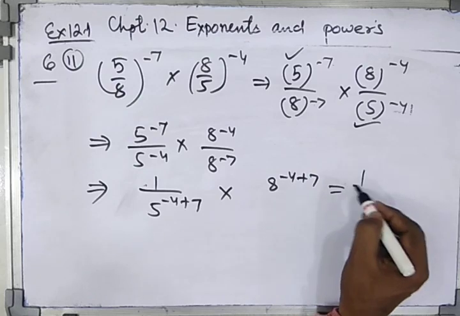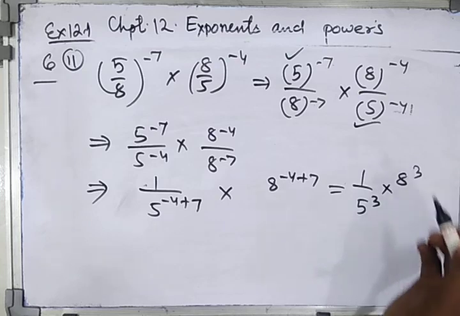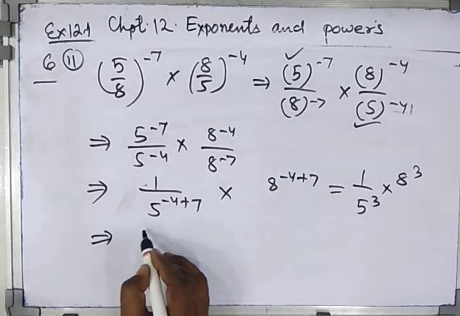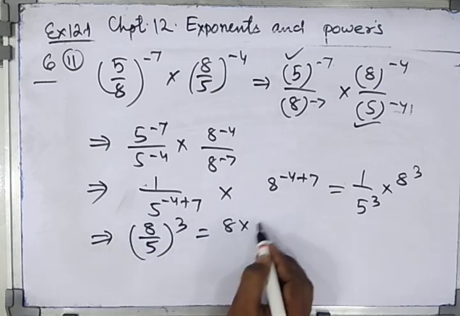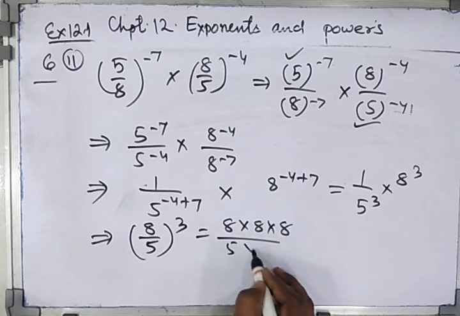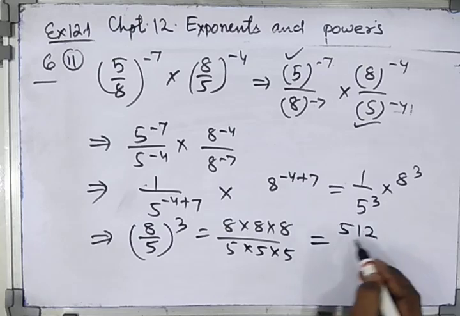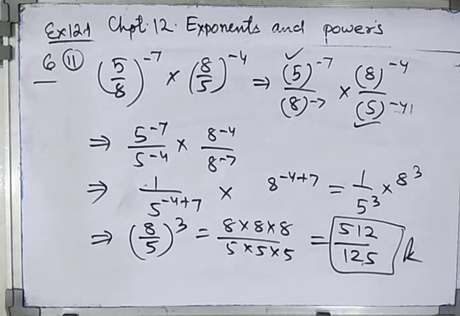This will be equal to 1 by 5 raised to 3 into 8 raised to 3. So 8 by 5 raised to 3. It means 8 into 8 into 8 divided by 5 into 5 into 5. This will be equal to 512 divided by 125. This is the required answer, student.